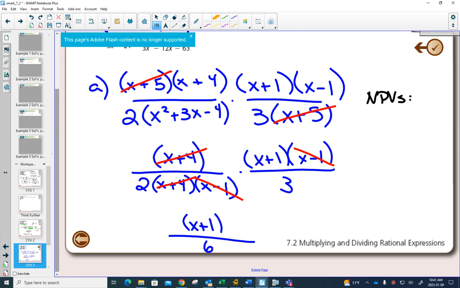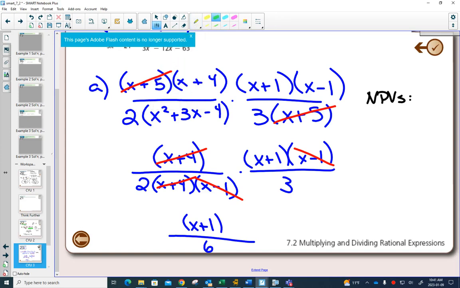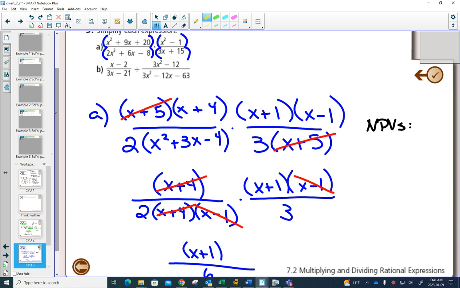For your non-permissible values, take out my highlighter. I'm going to color code things here. We were multiplying, so in multiplying, you just have to check the bottoms. I have a bottom here, but that bottom was fully factored right here. So I'm going to highlight it in yellow.